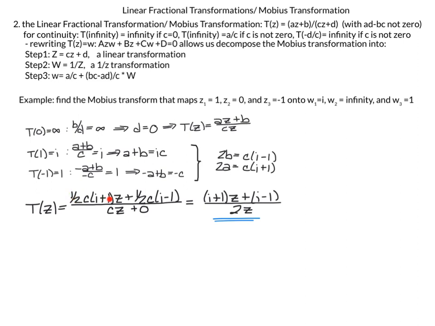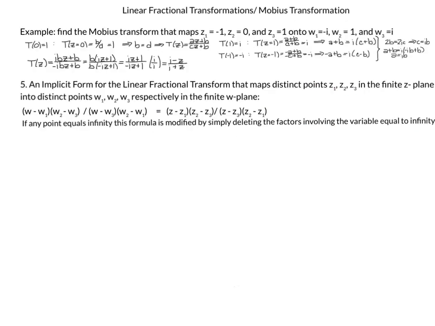So I plug that in here, a z plus b, and b is equal to c(1 minus i) divided by 2. So I have 1/2 c(1 minus i). And then everything's in terms of c, and I have cz, and d is equal to 0. So this simplifies to ((1 plus i) times z plus (i minus 1)) over 2z. So this is my Mobius transformation that maps these three coordinates into these three coordinates.